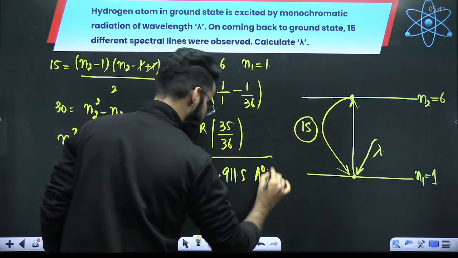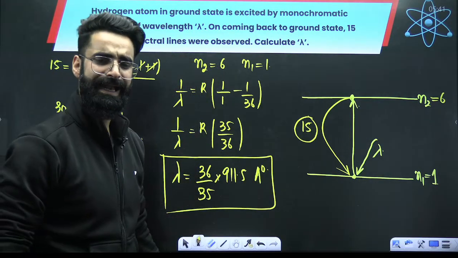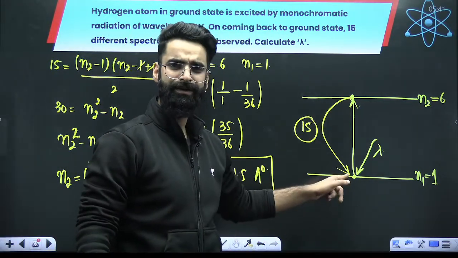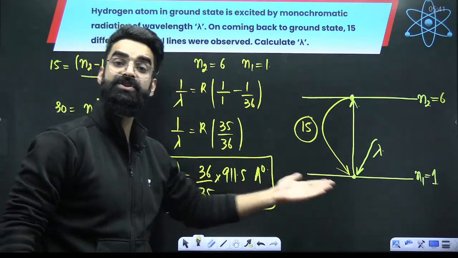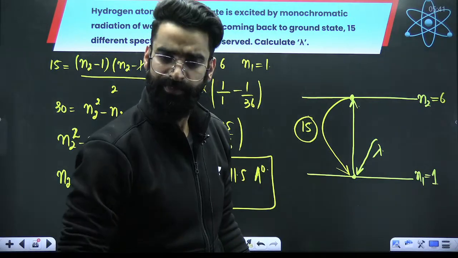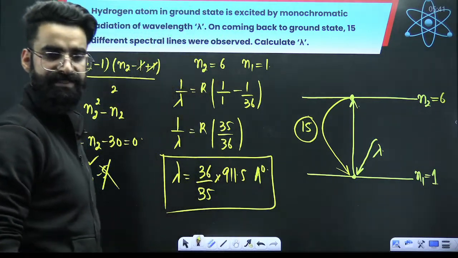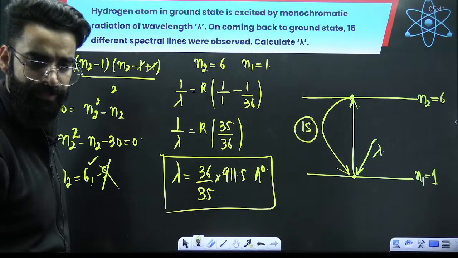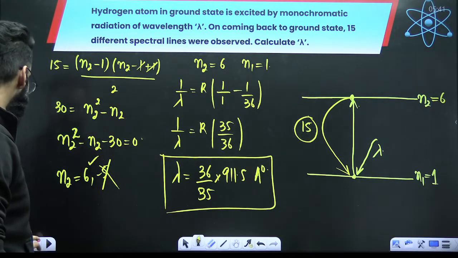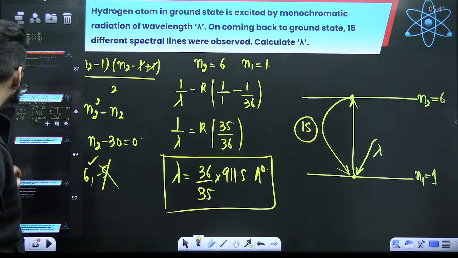So this much wavelength is emitted when the electron makes a transition from 6 to 1. That means the same wavelength it would have absorbed when it made the transition from 1 to 6. Simple, people? I believe you can easily solve this sort of question from now on.